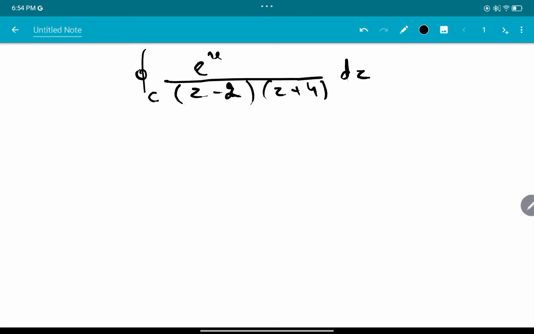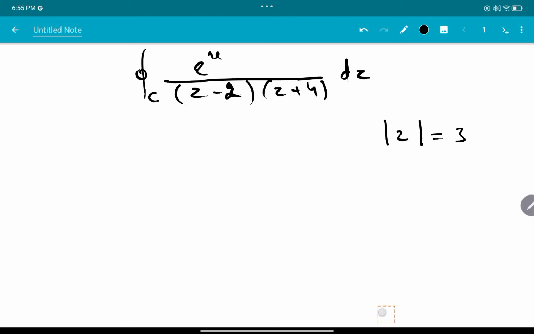This is to be evaluated along this curve C, where C is the circumference of a circle of radius 3 units.